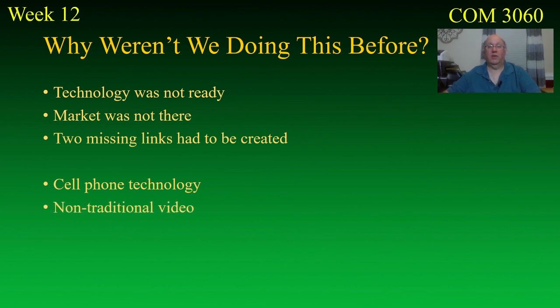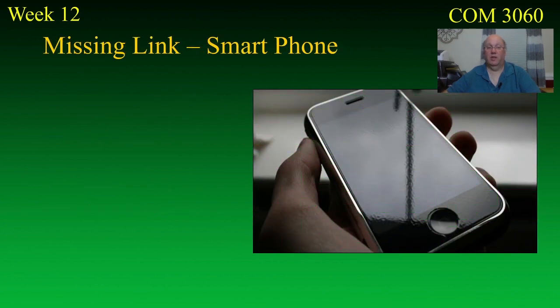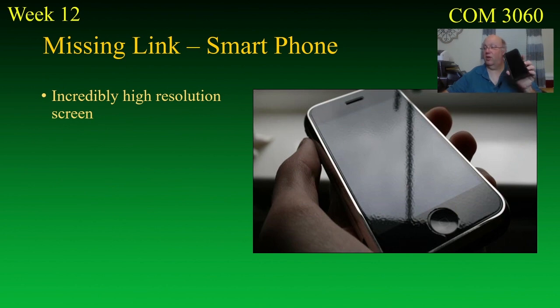And non-traditional video. And we'll explain what traditional video is to fully understand that, but video had to change radically to make this possible. Okay, so let's start out with a smartphone, the whole idea of the cell phone. It's an incredibly high-resolution screen. So this is where it gets interesting, where somebody would tell you this screen is 4K.